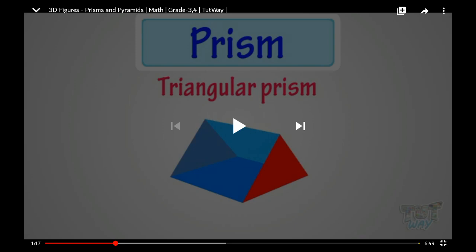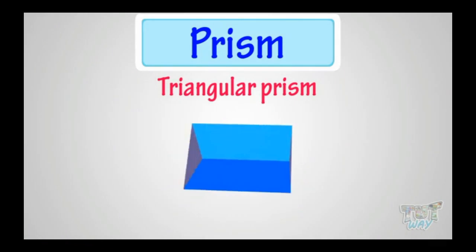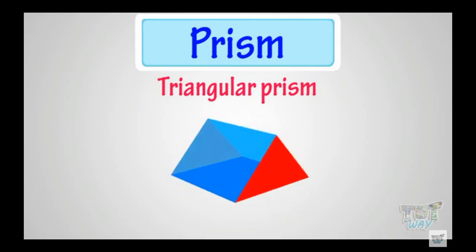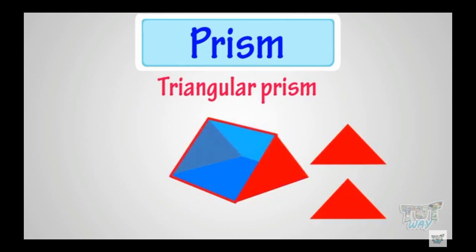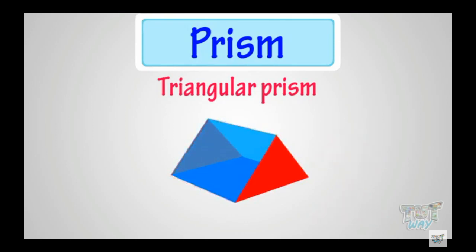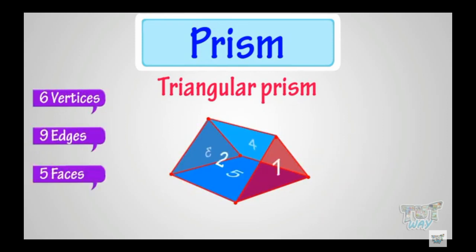Here the base face is a triangle, and the other base again is a triangle, and they are the same as we said before, and that's why we call it a triangular prism. This is a triangular prism because its top and bottom faces are triangles in shape, and all other faces are rectangular. It has 6 vertices, 9 edges, and 5 faces.